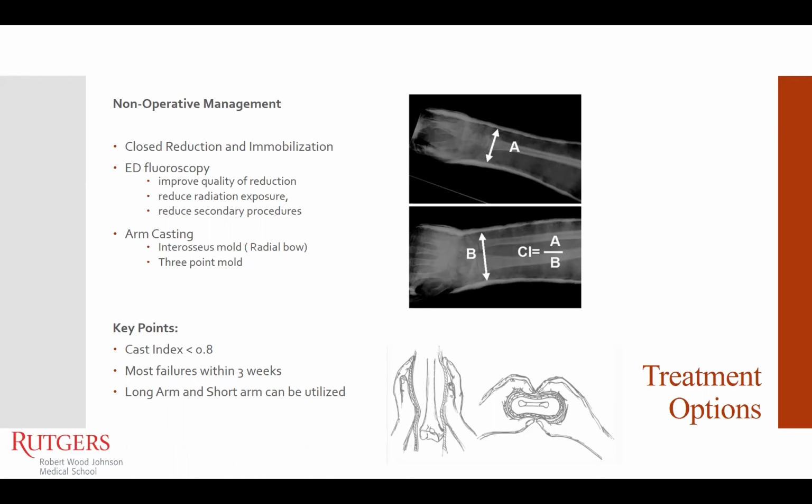Kreitz et al. identified the cast index being less than 0.8 as an ideal number. Basically, anything above this is associated with increased risk of loss of reduction, which means an increase of 10 degrees of angulation or greater than 20 degrees of displacement compared to your post-reduction films.